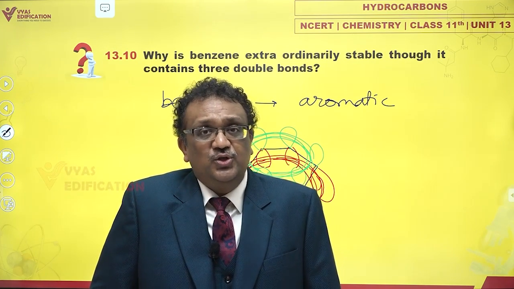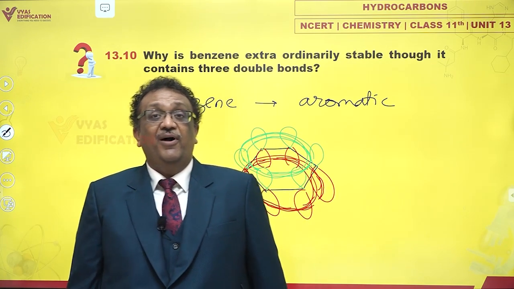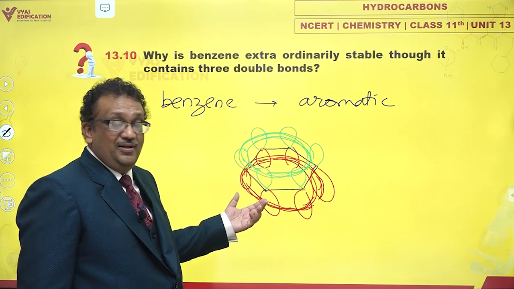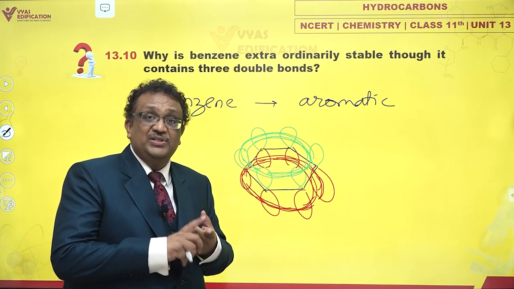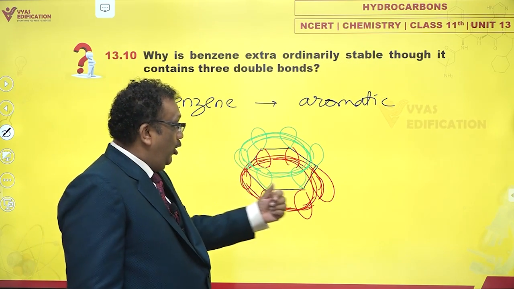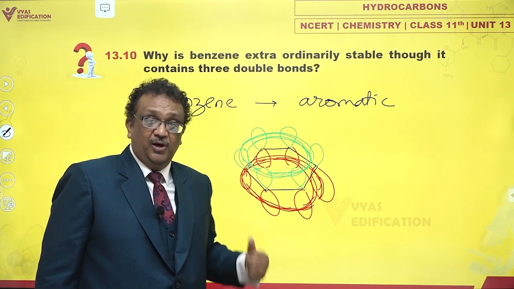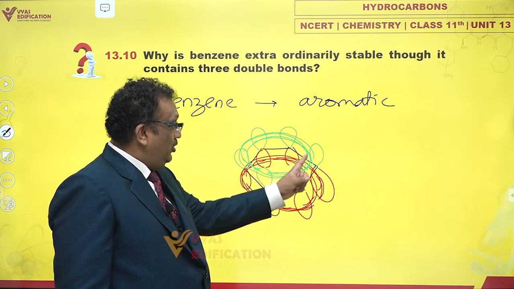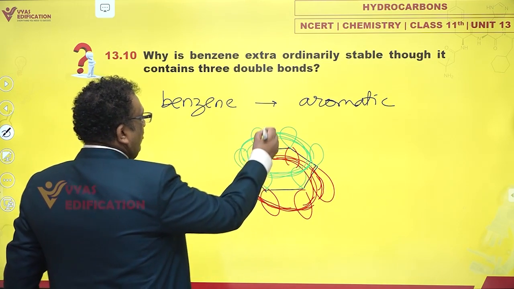Now, if somebody asks you why, if the question is, say, more than 1 mark, and they ask you to explain why aromaticity is more stable, then you say, let us look at the structure of benzene. First point, each carbon of benzene has 1 unhybridized p orbital. Second point, all these p orbitals are parallel to each other and overlap. Third point, because of these overlaps, there are 3 pi bonds, so there are 6 pi electrons.